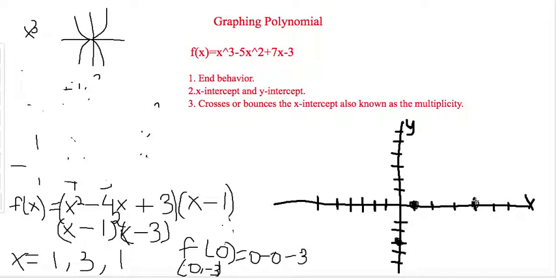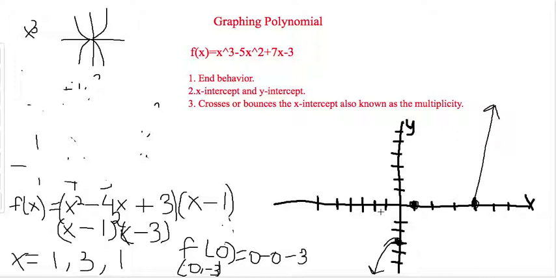Now I'm going to graph my end behavior. It's an x cubed, so it rises to the right, like that, and decreases to the left, like that.